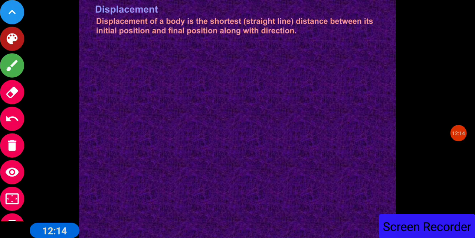But in case of displacement, the displacement of a body is the shortest distance between its initial position and the final position along the direction. So let us see, now the boy is moving through a distance of 5 kilometers, then through a distance of 2 kilometers, just like in the previous example.